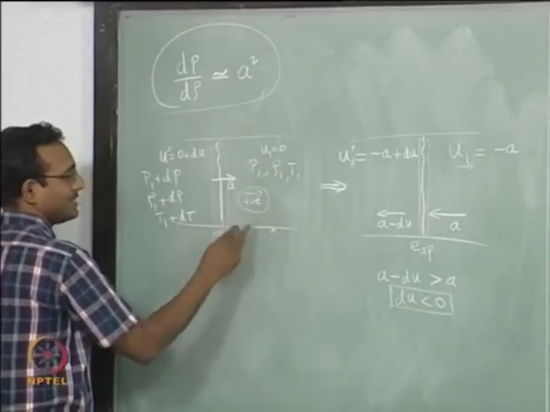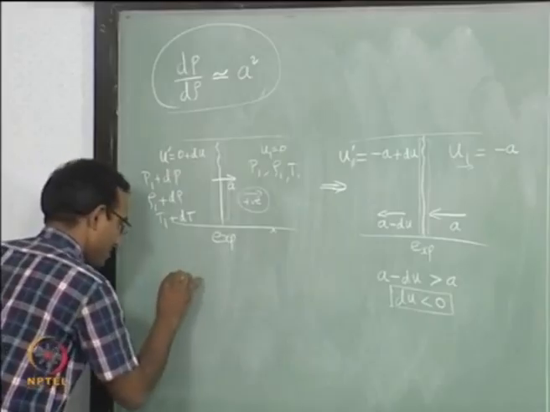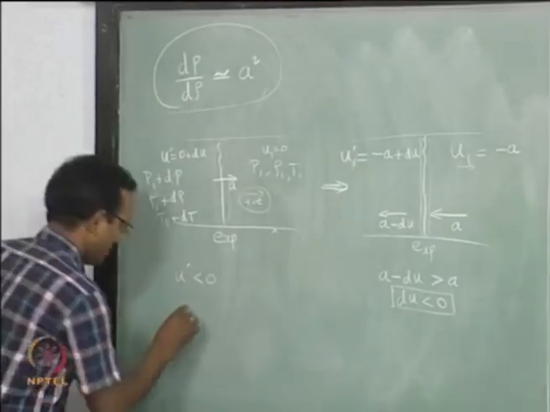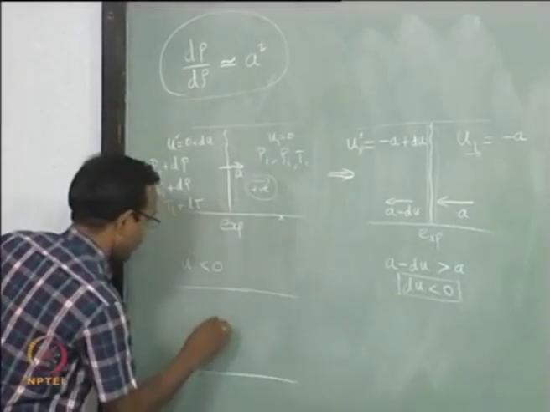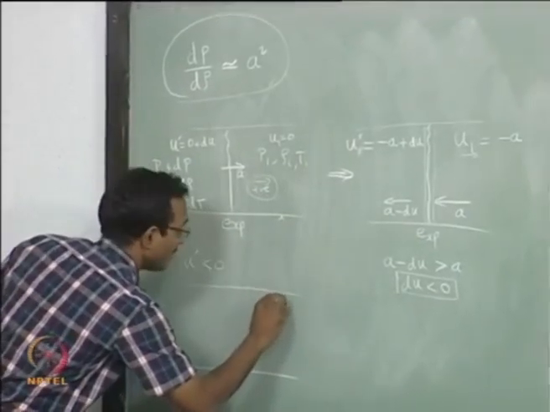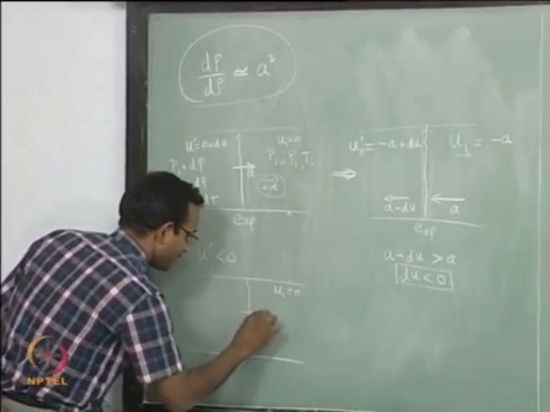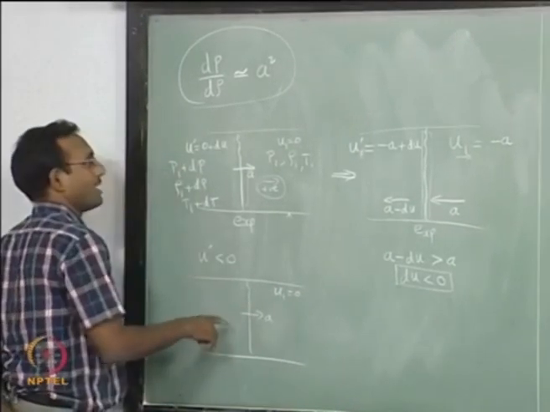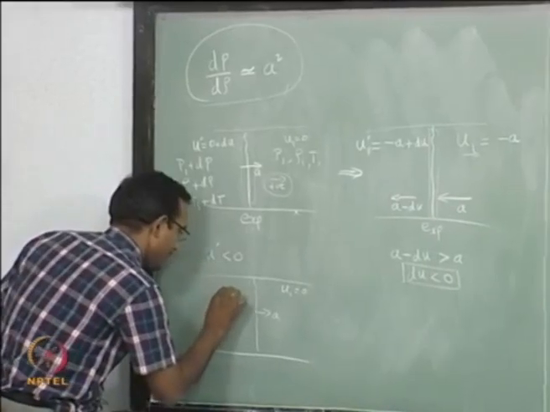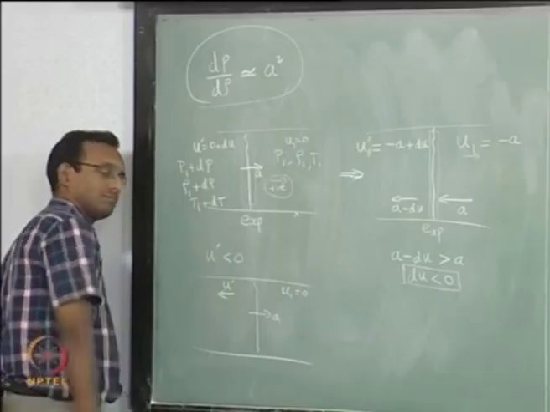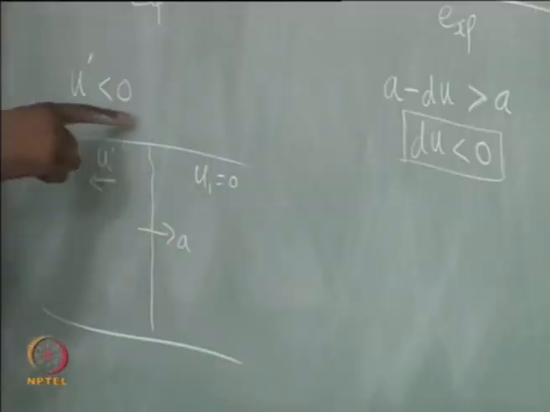If du is less than 0, u prime is less than 0, which means with u1 equal to 0, I have a wave travelling this way with a. What I am finding is there is a velocity induced this way, finally, because u prime is less than 0.